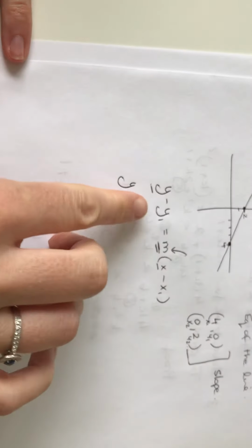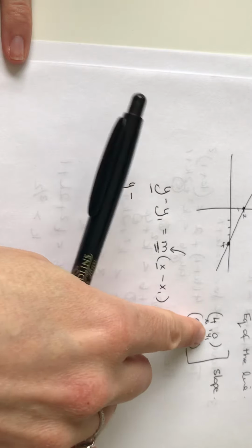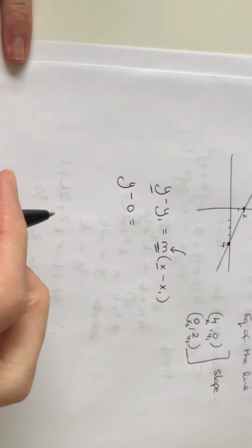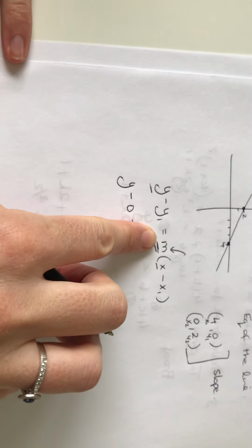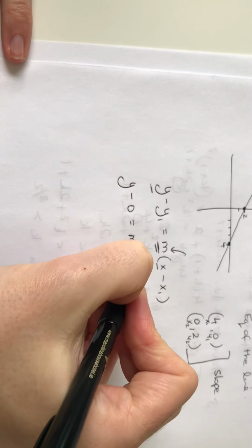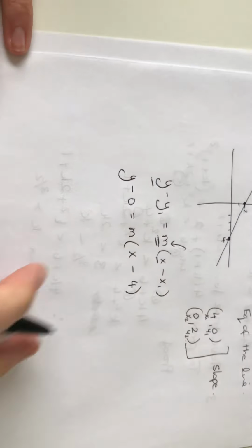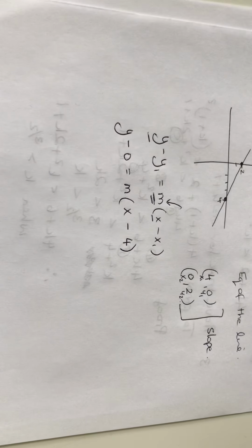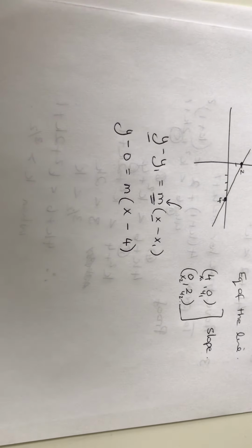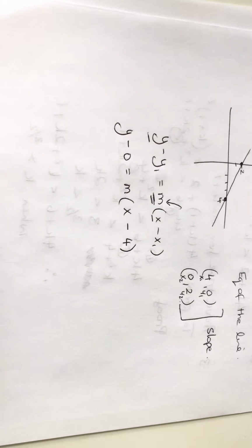y minus y1 is equal to the slope, I don't have that yet, I'll get it in a second now, x minus x1. How do I get the slope? Now this is quite a long process here.